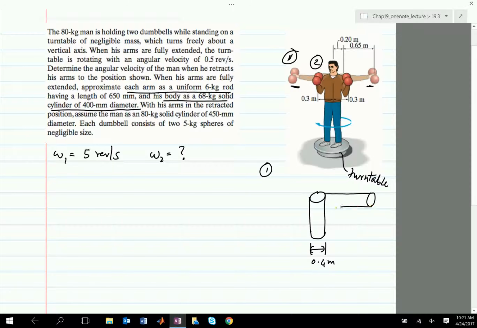I believe that's how it is. Okay, this is 6 kg and length of 0.65. Okay, I'm just going by this. It looks like this distance is 0.2.